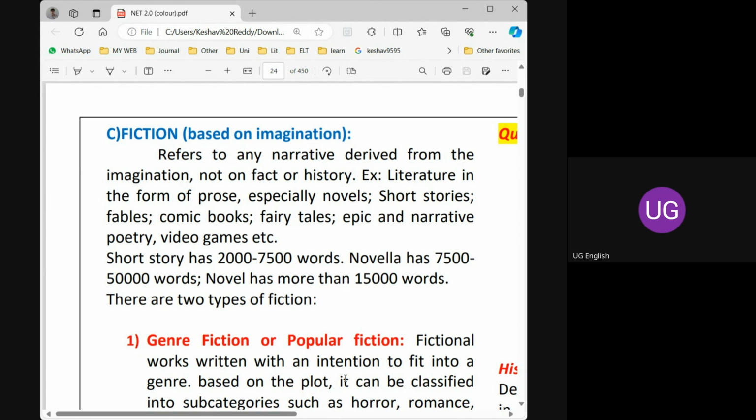Novels are subgenres. And if time permits, I will go to the history of English literature, especially the table which is designed by me.